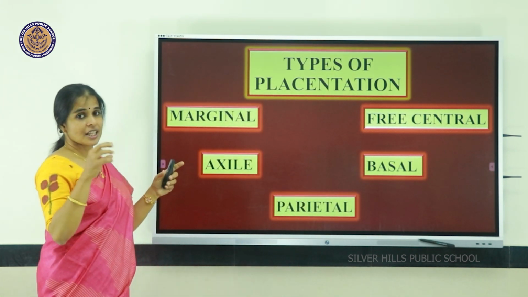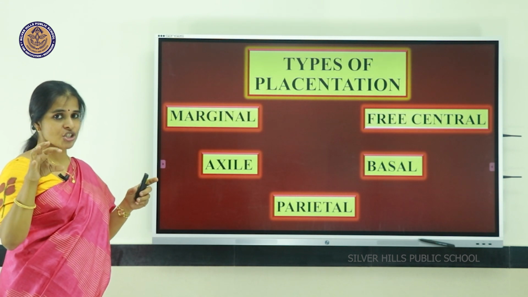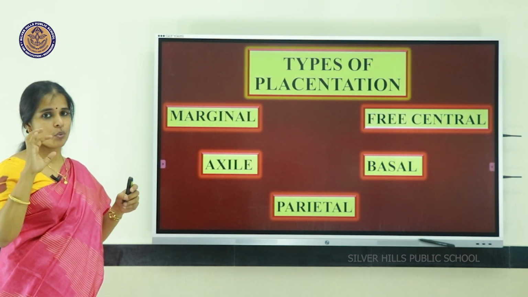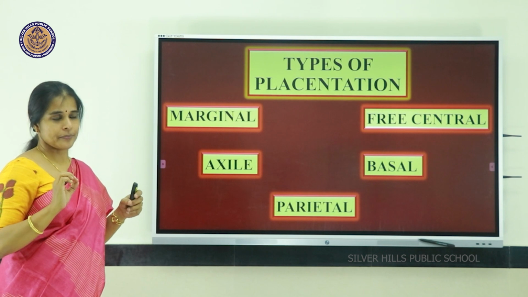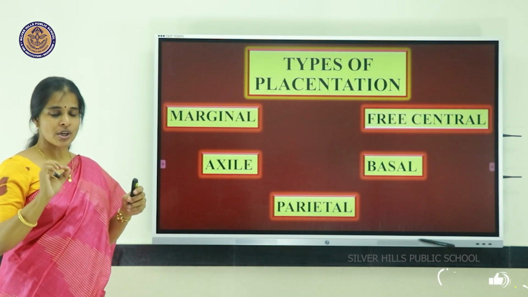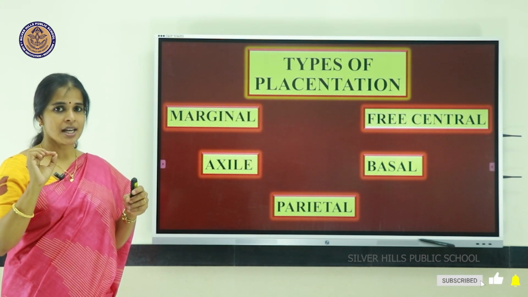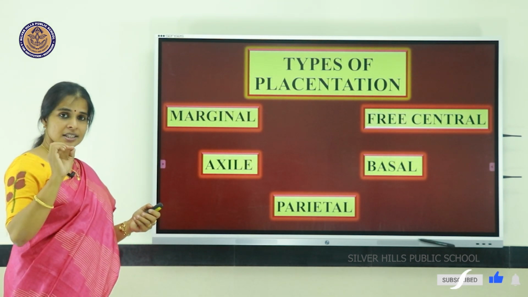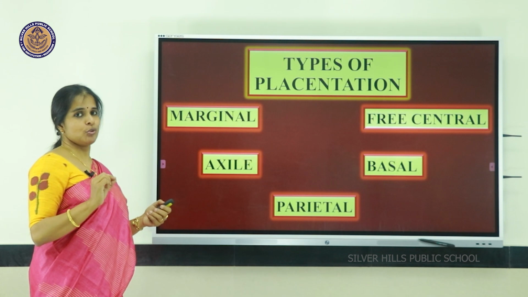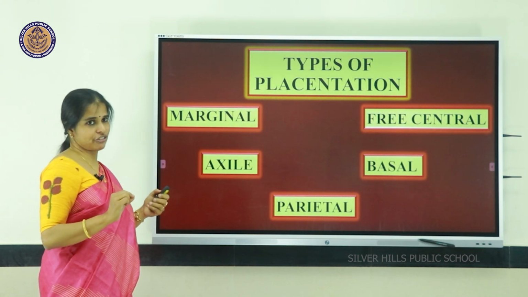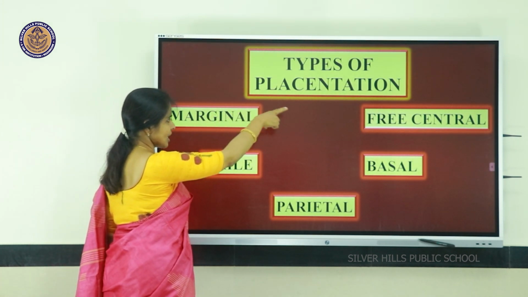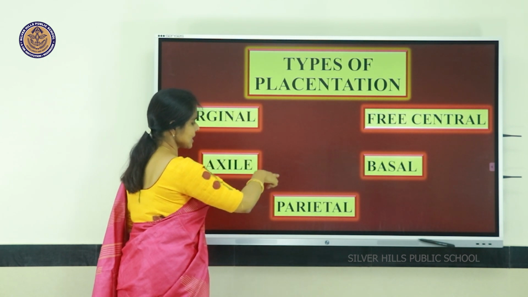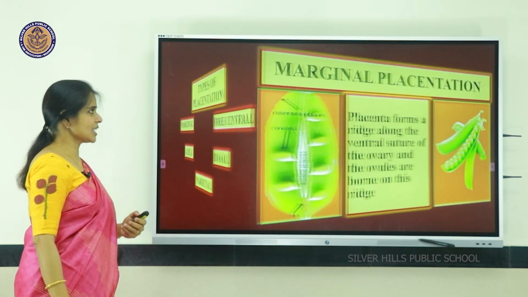The ovules are attached to a cushion-like structure known as placenta, and this attachment of ovules on the placenta is placentation. Five types are there, which we have to study in detail.